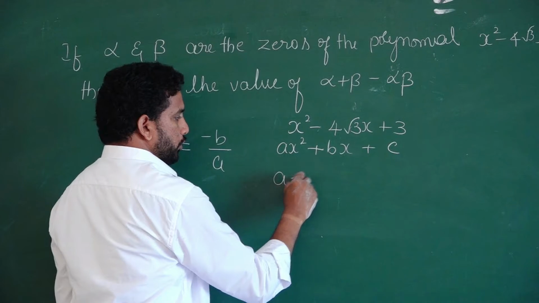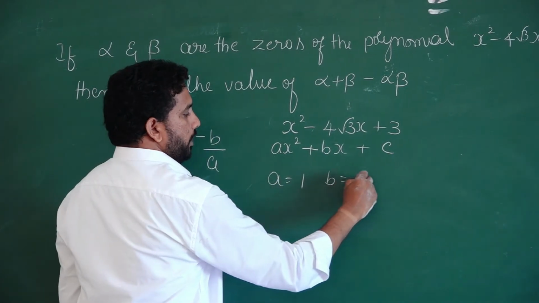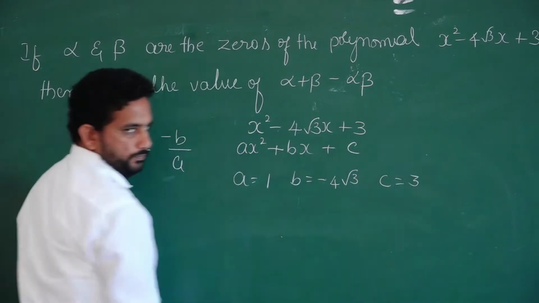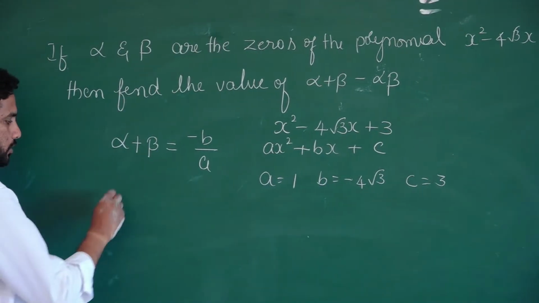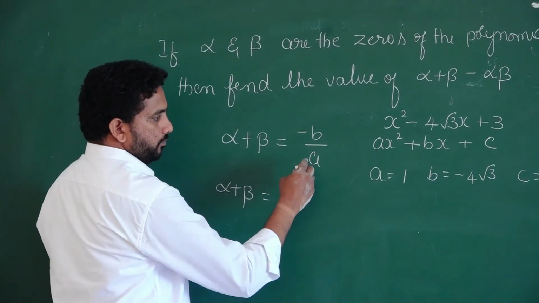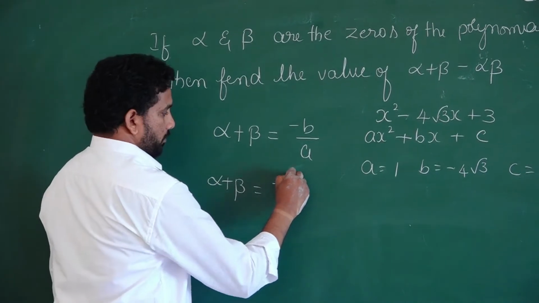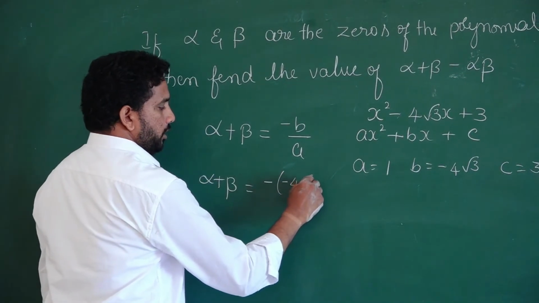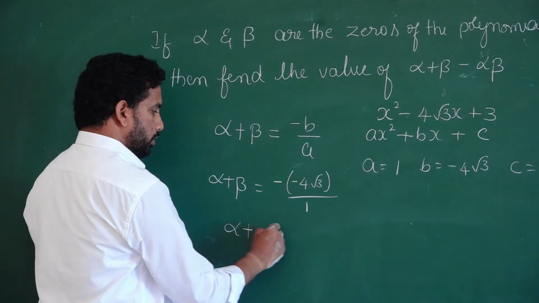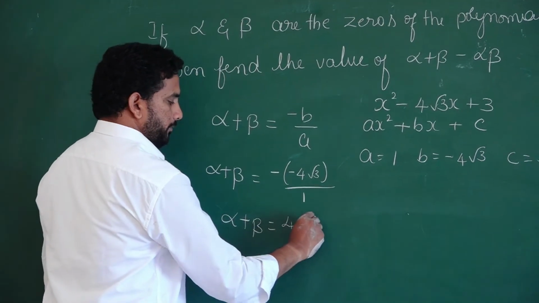Here a is equal to 1, b is equal to minus 4 root 3 and c is equal to 3. Okay, so substitute the values here. Alpha plus beta is equal to minus of minus 4 root 3 divided by 1. So therefore we get alpha plus beta is equal to 4 root 3.